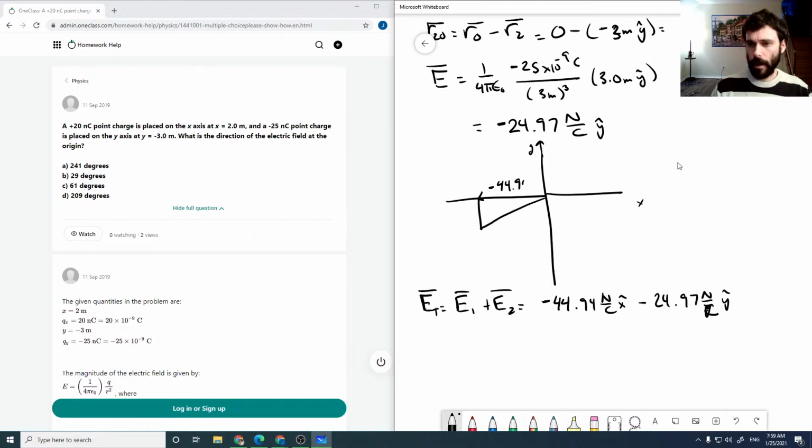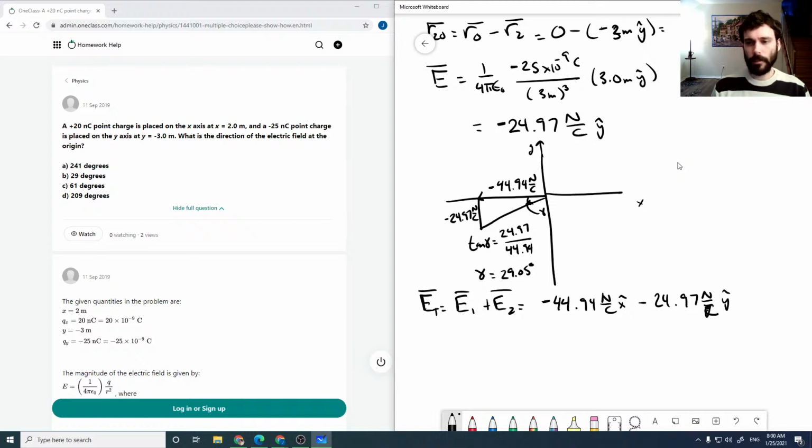So nothing really to add up there. And so we can get our angle, which I'm going to call gamma, as tan gamma equals opposite over adjacent, so 24.97 over 44.94, which gives us an angle of 29.05 degrees.